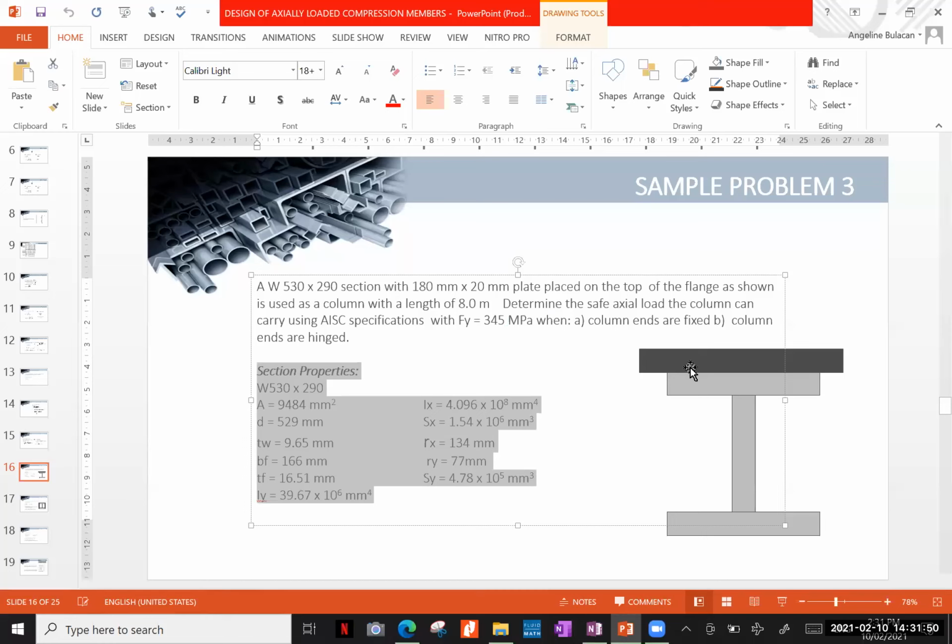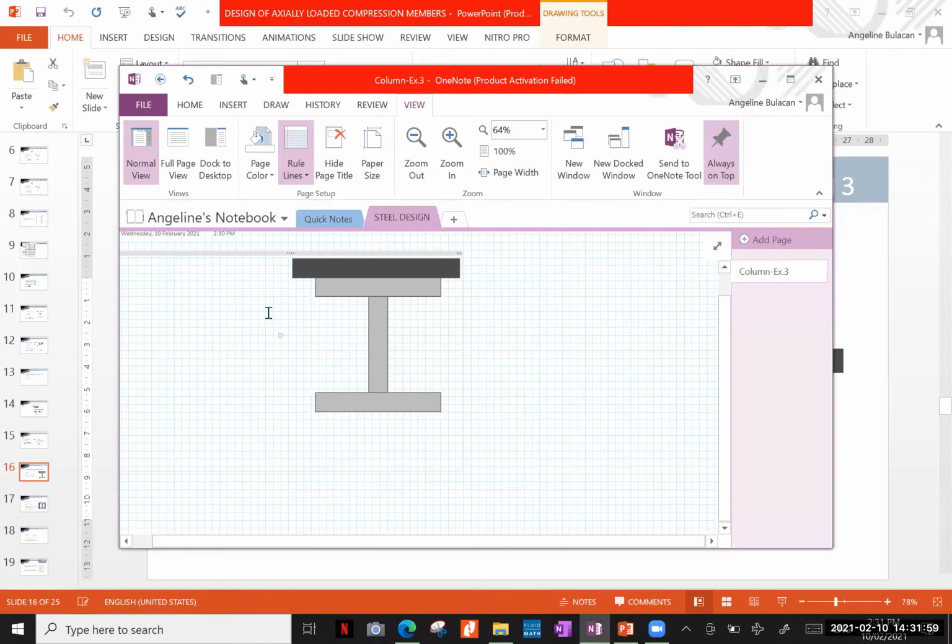So, ang binigay lang dito is 345 yung FY, length is 8, and then this is 180 by 20. So, para hindi ko na i-copy yung problem, ito lang section properties. Yan.